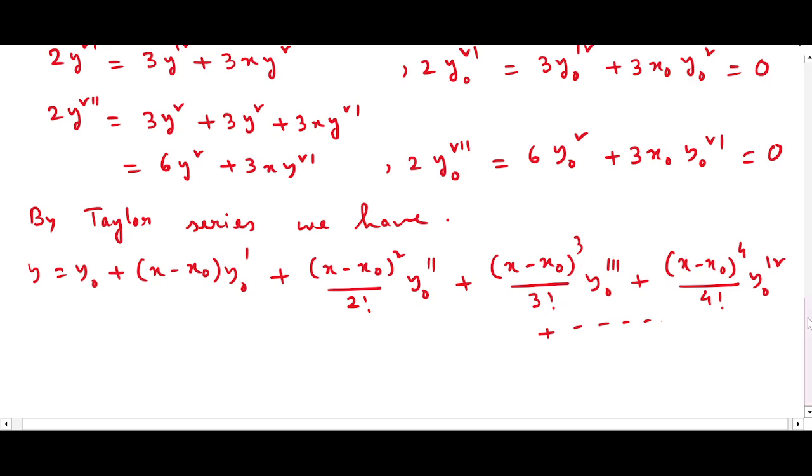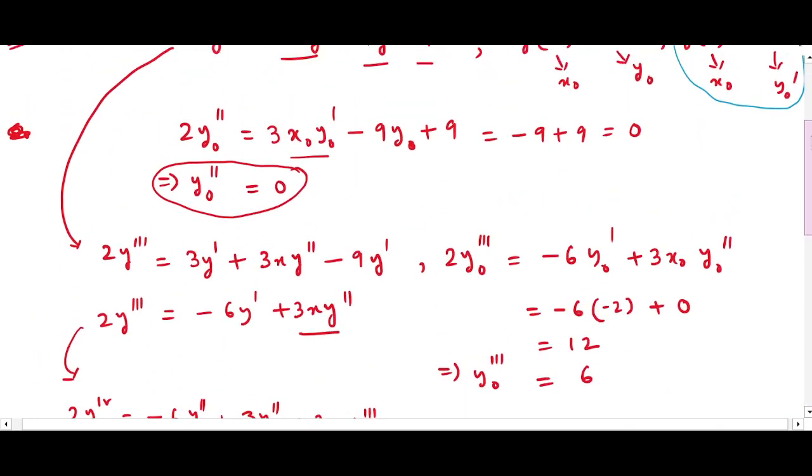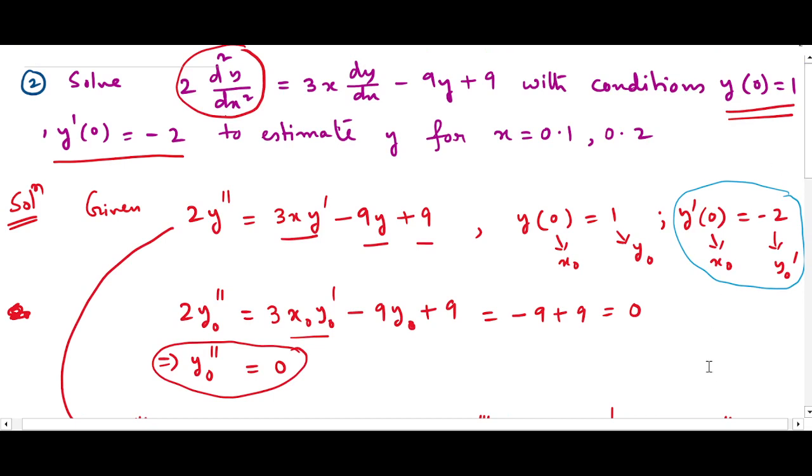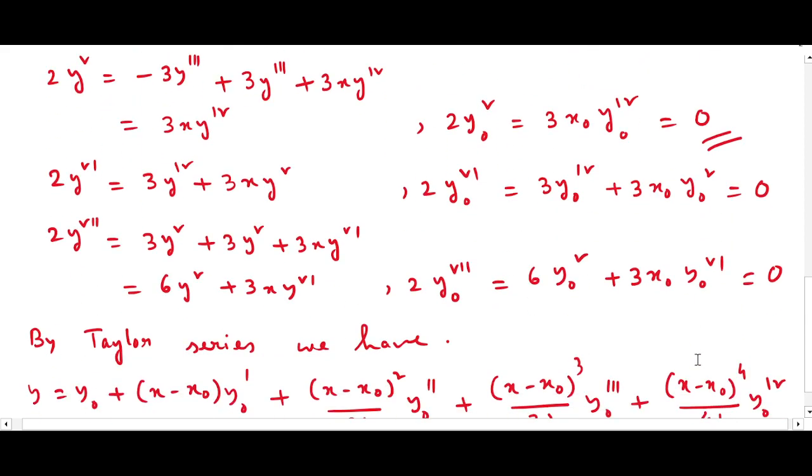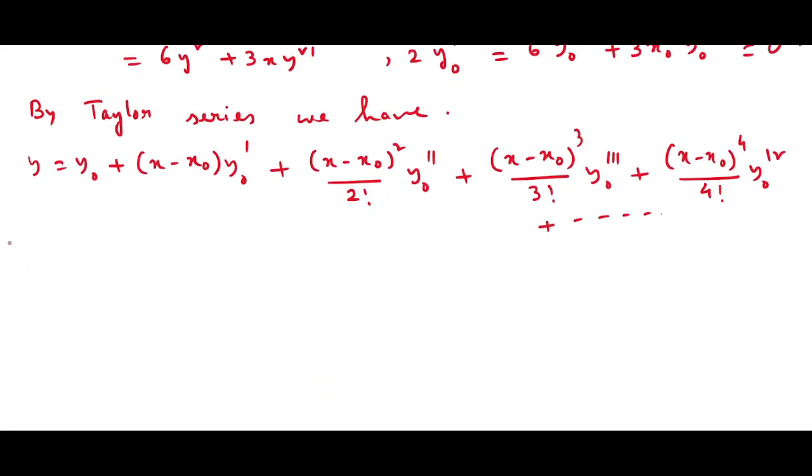Now let us see at which point we have to find the value of y. Again here also we have to find the value of y at point 1 and point 2. So let us find one by one. So y at the point x equal to 0.1. So y naught is already given in the question, right?